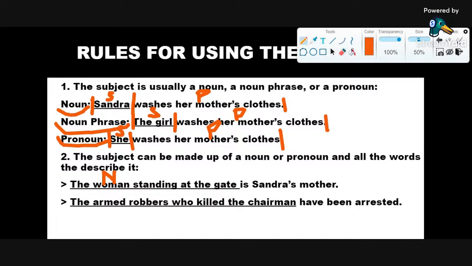Standing at the gate is also what we can call a participial phrase, if you like. It begins with the present participle, standing, and then standing at the gate. So this again describes the woman. Which woman are we talking about? The one standing at the gate.